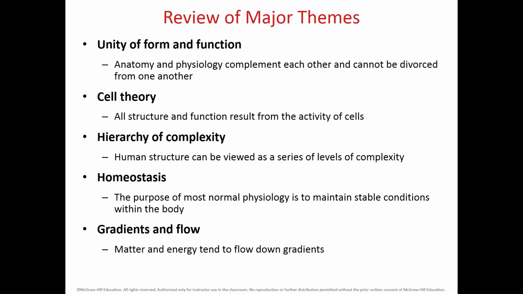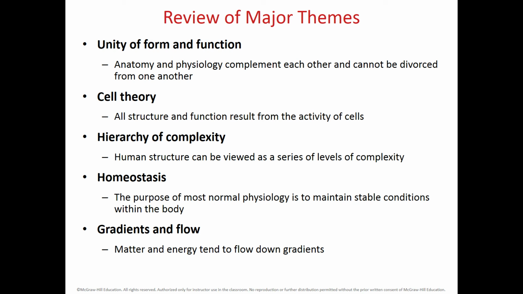So as a review of the major themes that we see in this lecture: anatomy and physiology are the unity of form and function. They are complementary to each other and they cannot be separated.